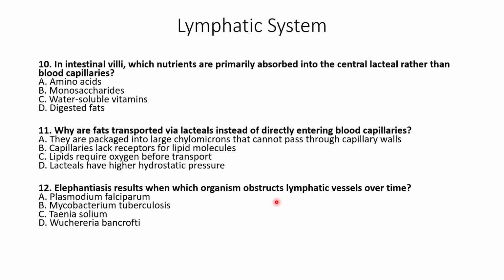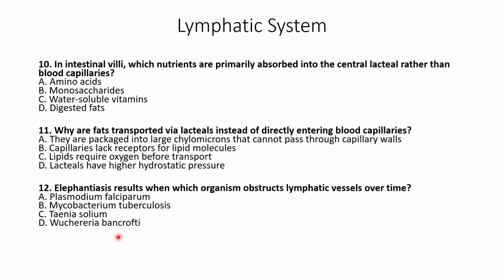So that's quite a mouthful, but basically, elephantiasis is this obstructive disease of the lymphatic system, and it's caused by these gross parasitic worms, Wuchereria, and they are transmitted via mosquitoes.